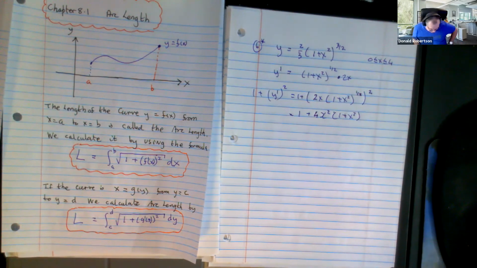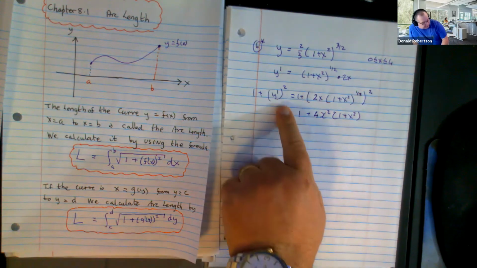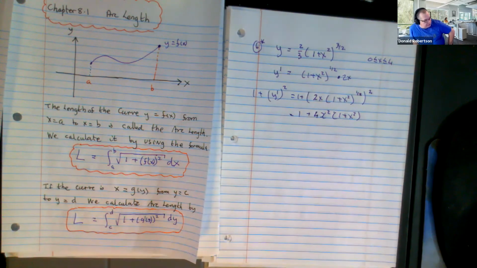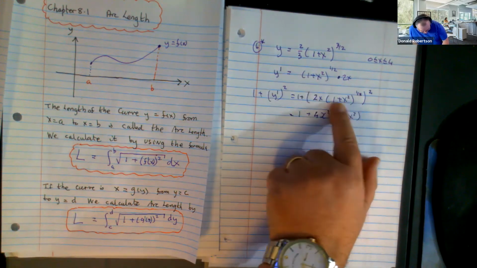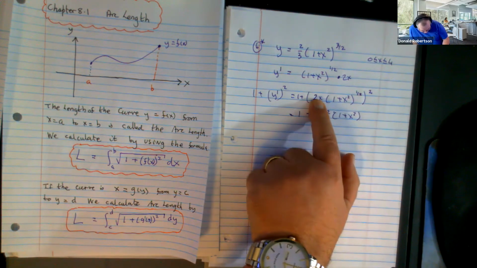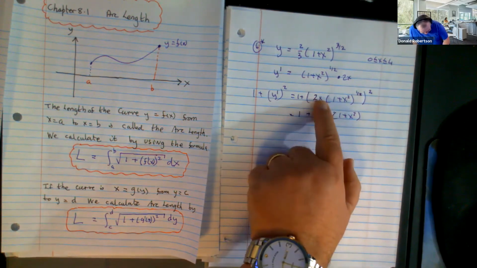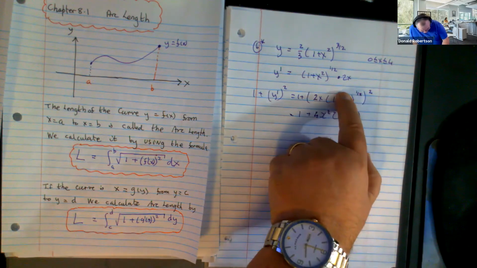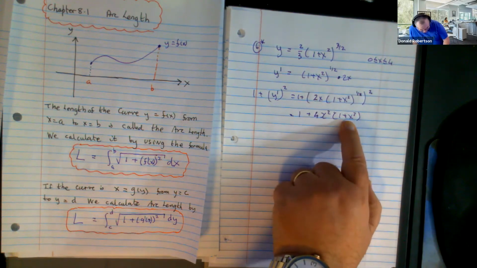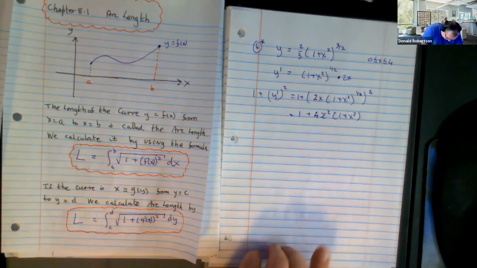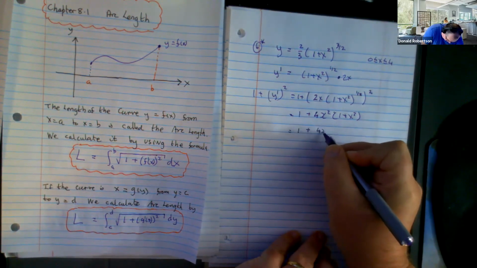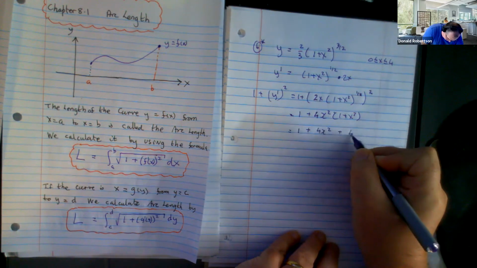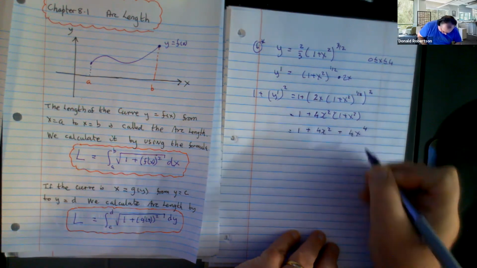Are we cool with 1 plus the derivative squared is this expression? Right. So if you take the 2x, 1 plus x squared, and square it, you square each piece. 2 gets you 4. X, when you square it, gets this. A half power when you square it gives you 1 power. And that 1's on its own at the side. So this is now going to become 1 plus 4x squared plus 4x to the 4.